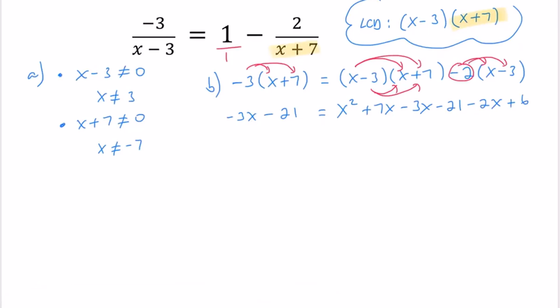Simplify more. So we have negative 3x minus 21 is equal to 7x minus 3x minus 2x. So that is 2x. So we have x squared plus 2x. And then we have negative 21 plus 6 is negative 15.